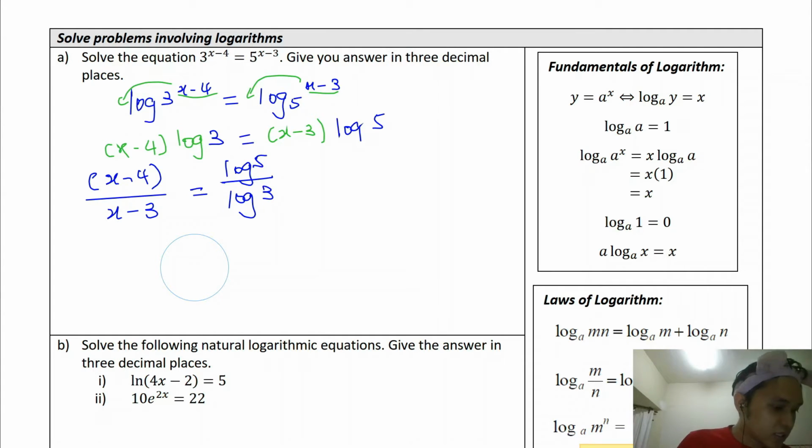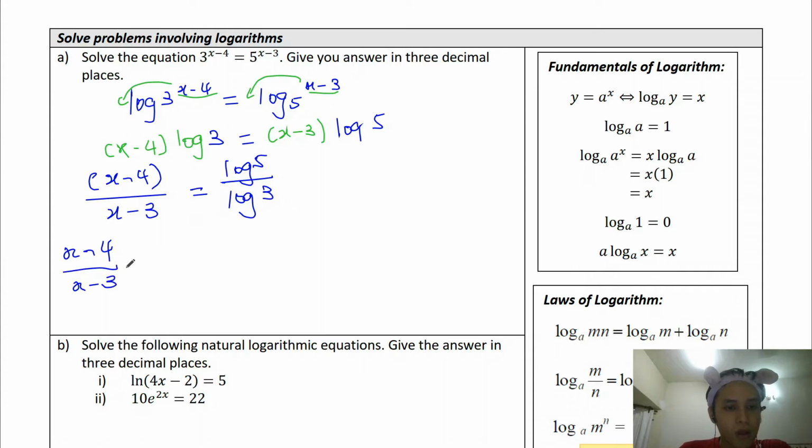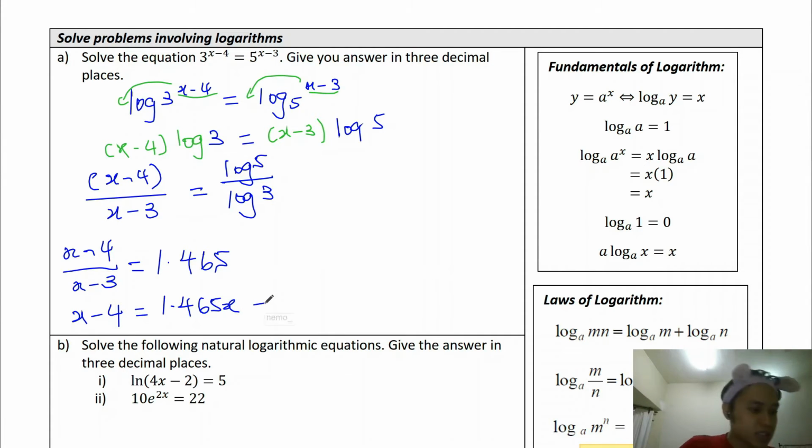So what is this one, you are going to get 1.465, and then they bring this up again, they multiply back, so you will get x minus 4 equals to 1.465x minus, okay, 3 multiplied to this, what do you get? 4.395.